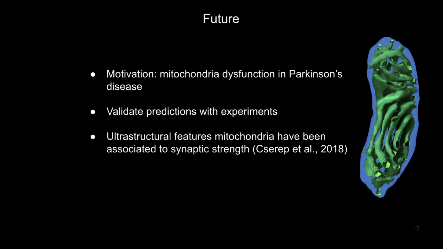Some ideas for the future. This project was actually motivated by mitochondrial dysfunction and Parkinson's disease. I did my PhD in a biomedicine institute that had a focus on Parkinson's.